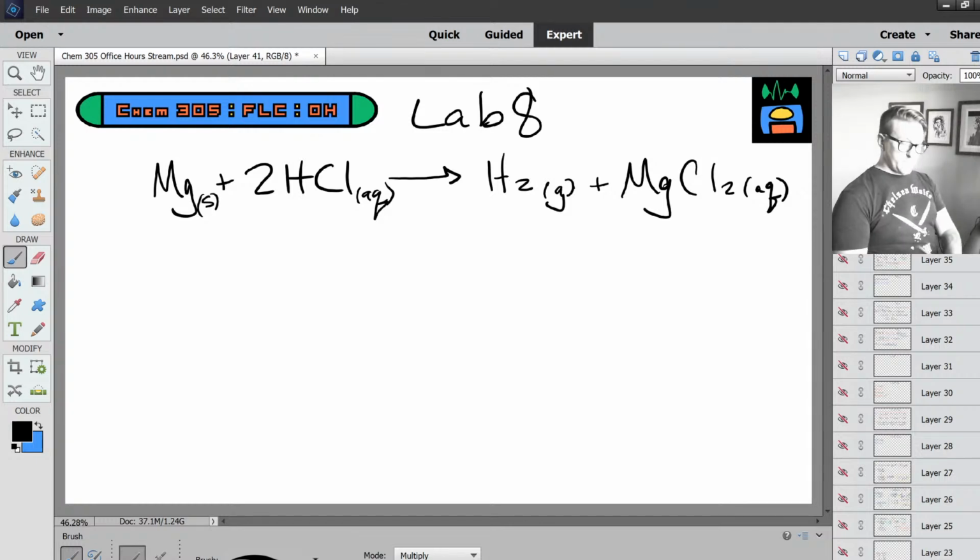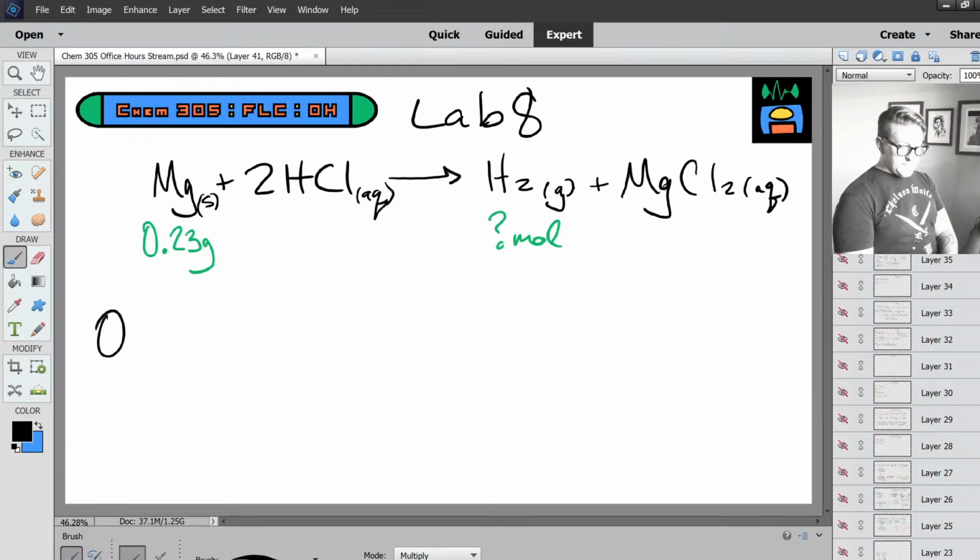So for example, they tell us that we have 0.23 grams of magnesium that reacts, and we want to find out how many moles of hydrogen.